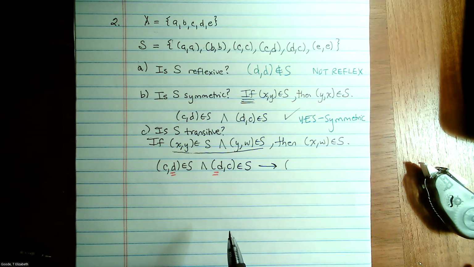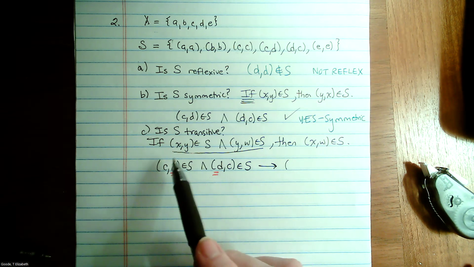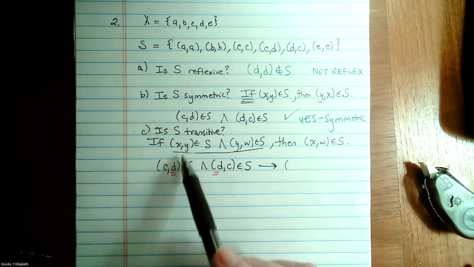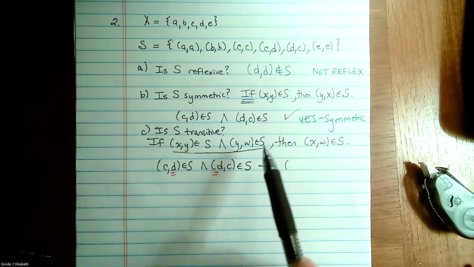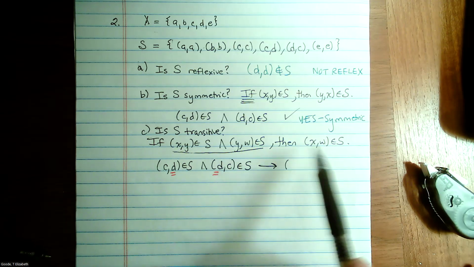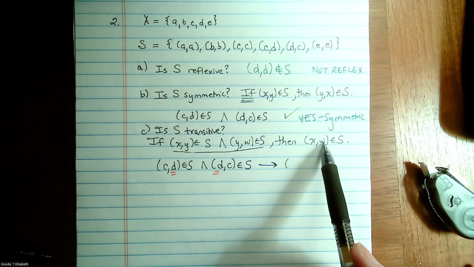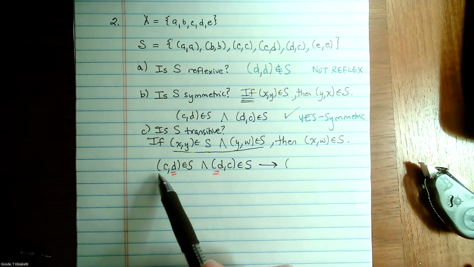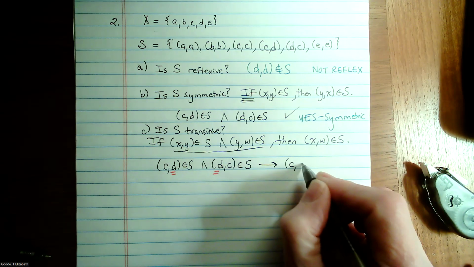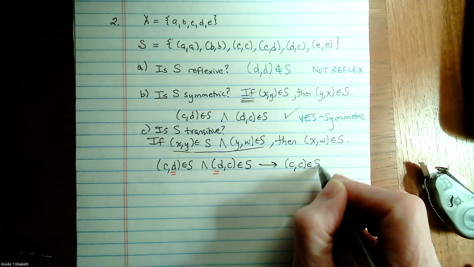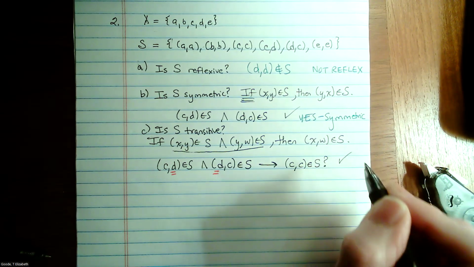When we're crossing over on this D, the D is the Y, X is C, W is C. What's the ordered pair we're looking for? CC. And do we have CC? Yeah. Okay.